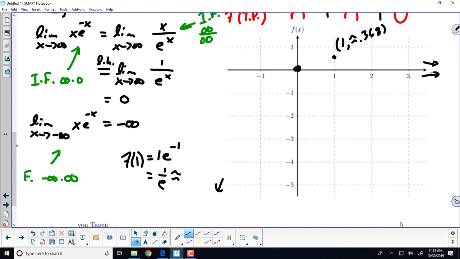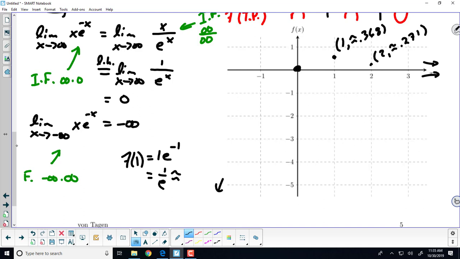And then we've got an inflection point at 2. If you plug 2 into this function, you get approximately 0.217. Okay, folks, we're now ready to put it all together.